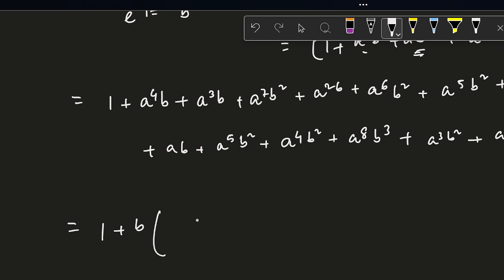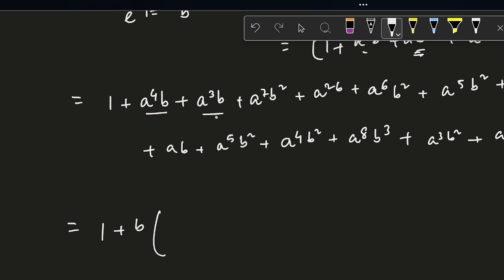What we are trying to do is arrange the terms so that you have powers of b in each term. Like the first term is 1, that means b to the power 0, then you have b, which is b to the power 1, multiplied by some coefficient which we will get, and then plus again b squared multiplied by some coefficient, then b cubed with some coefficient, like this. So basically it is some sort of a power series in b with some particular coefficient associated with each term. In this way our problem will be simplified. So first of all, find out how many b terms there are.